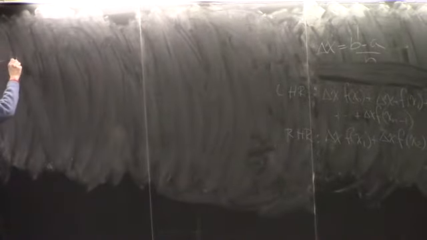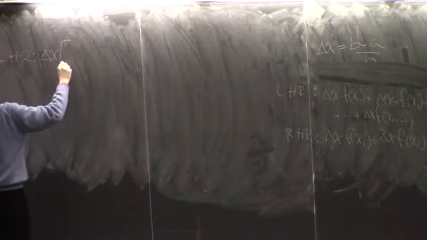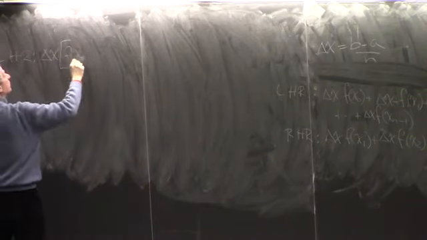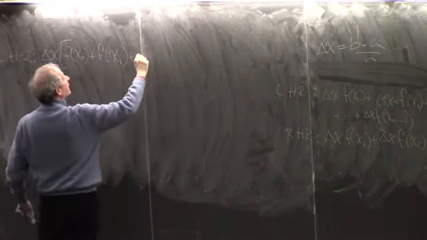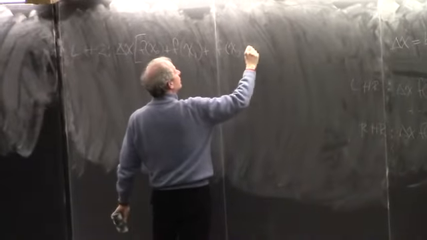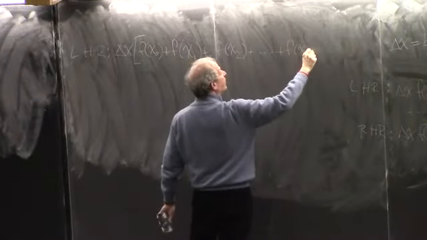So left-hand rectangles is delta x times f of x sub 0 plus f of x sub 1 plus f of x sub 2 plus dot dot dot plus f of x sub n minus 1.